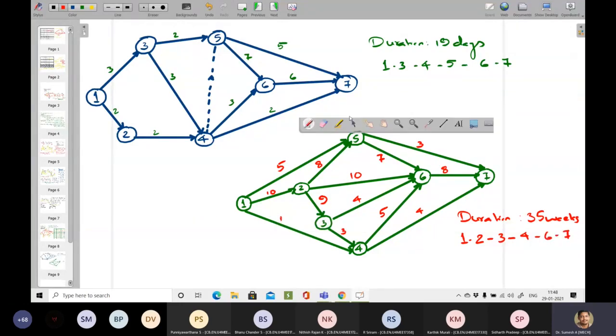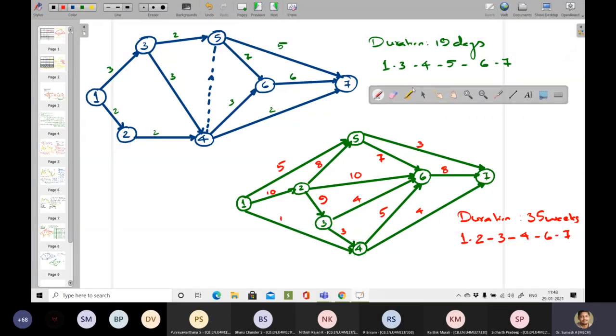You want the equations for the floats. So total float equals rectangle J minus triangle I minus dij.